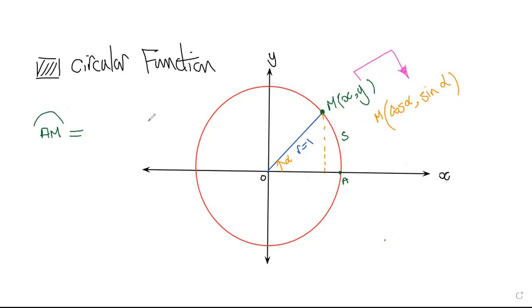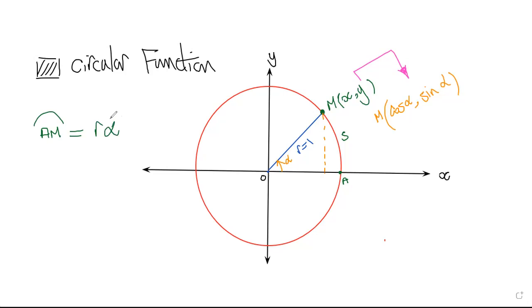We learned that in geometry, the arc length is proportional to the center angle, which is looking at it. We said that the AM is proportional to the alpha, and the constant of proportionality was the radius.